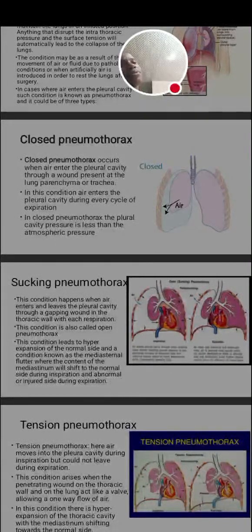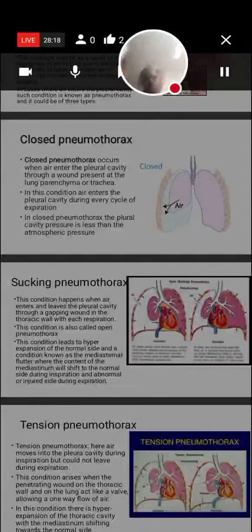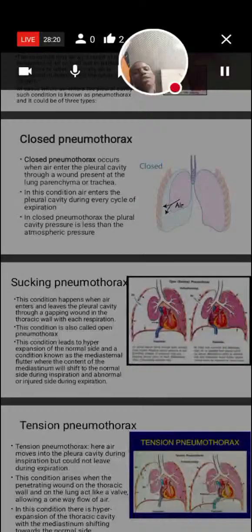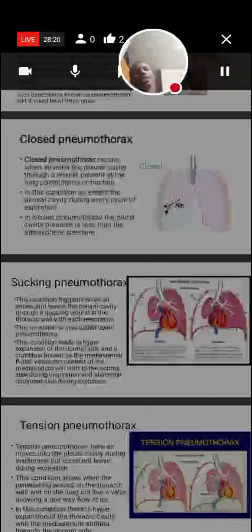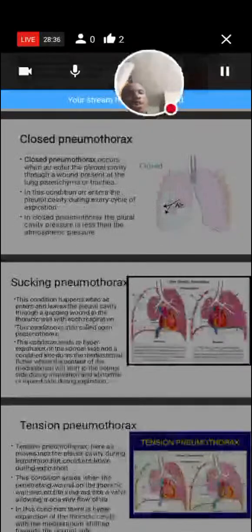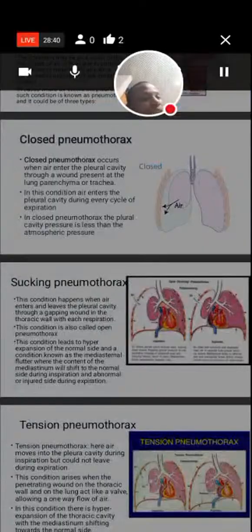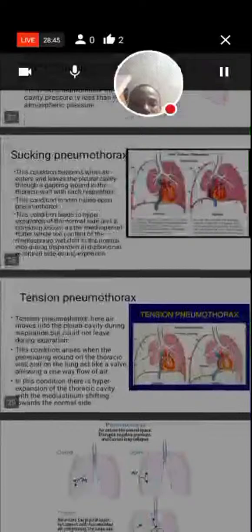Mediastinal flutter. And then moving away from there, we have tension, we have closed. What happened in closed?